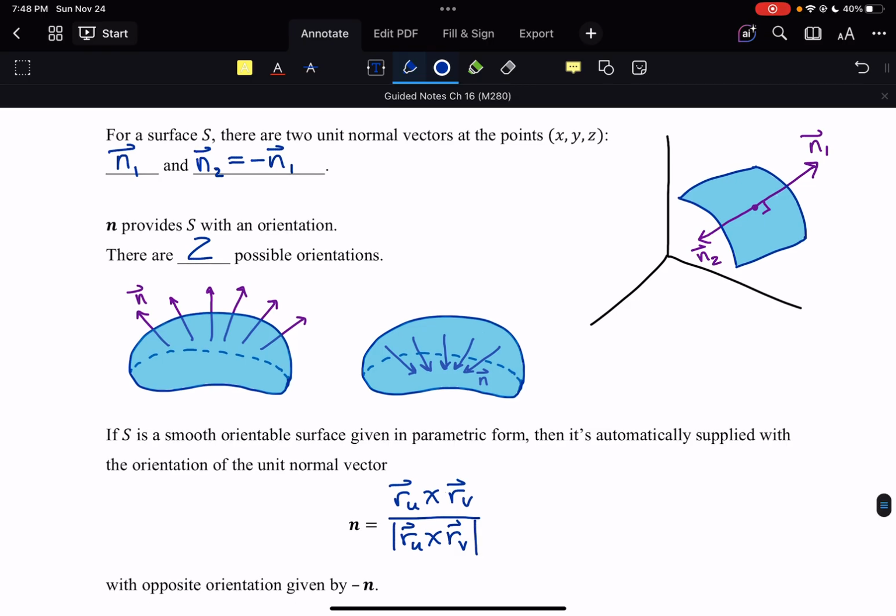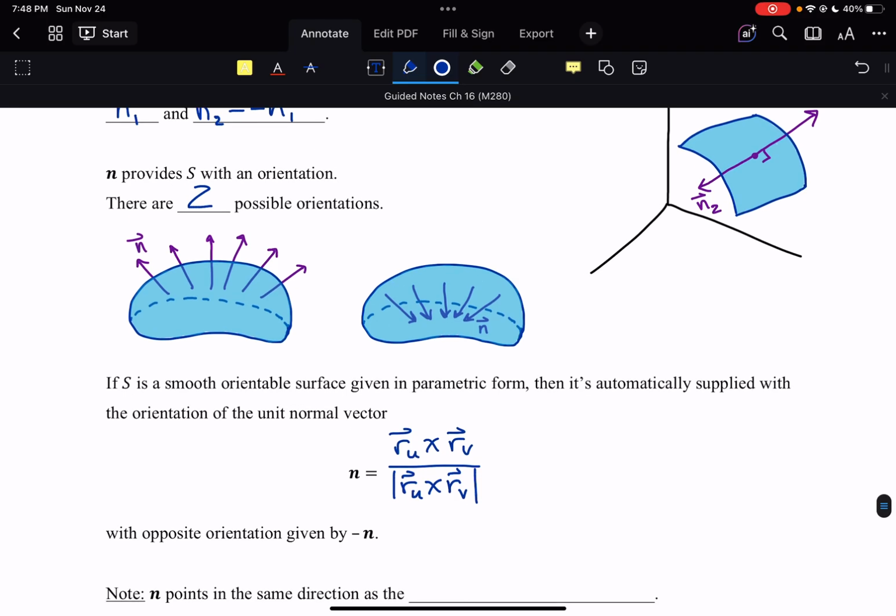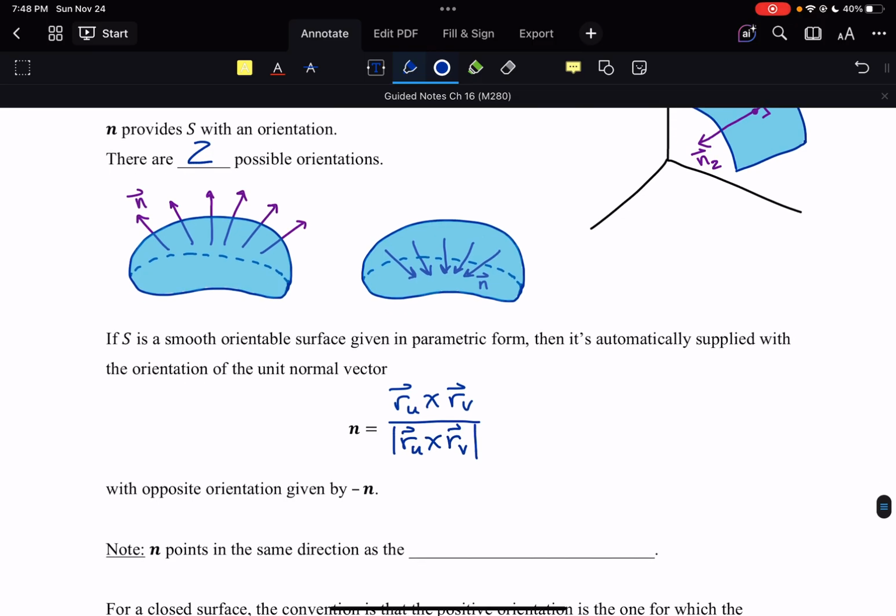Okay, so that is, right, the tangent vectors crossed together gives us the normal vector, and then divided by its own length, that gives us a unit normal vector. So that would give us the orientation of the surface, pointed outward like that. The opposite orientation is given by negative n.